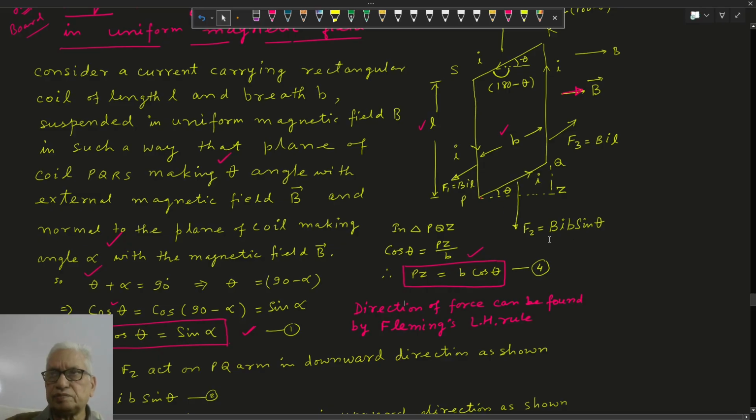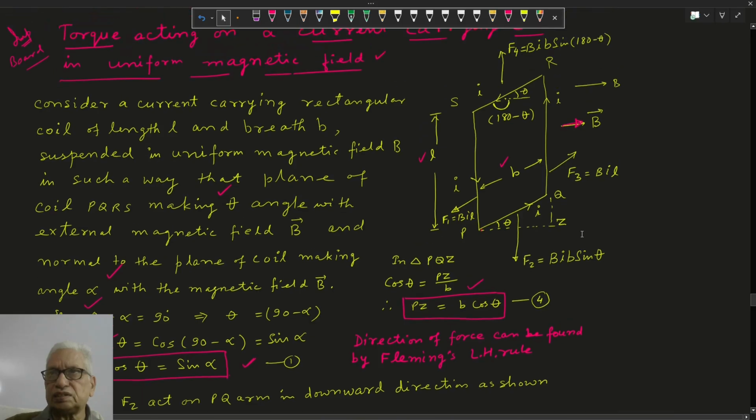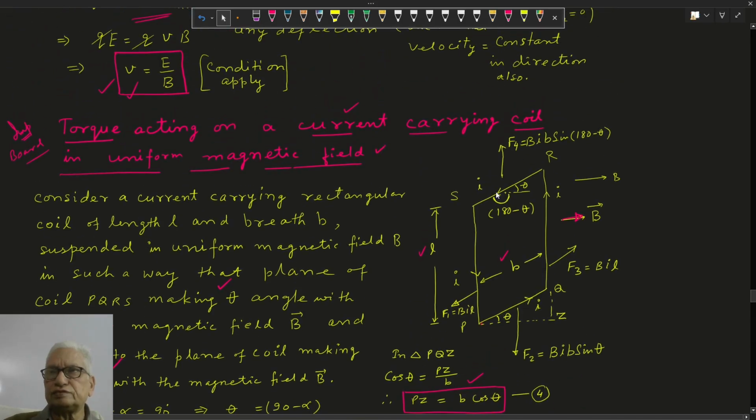So F2 will be BIb sin theta. Similarly, force F4 on RS wire, where the angle between the magnetic field and the current is 180 minus theta, is the force in upward direction using Fleming's left hand rule. BIb sin of 180 minus theta. Sin of 180 minus theta is sin theta.